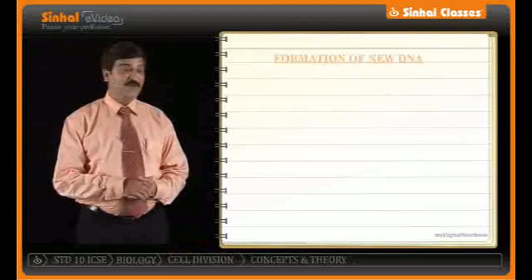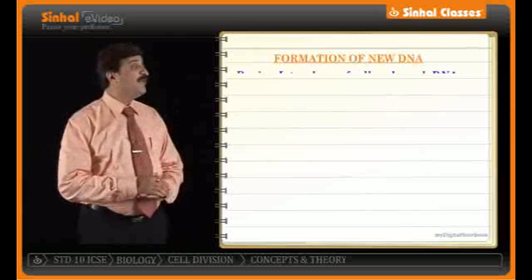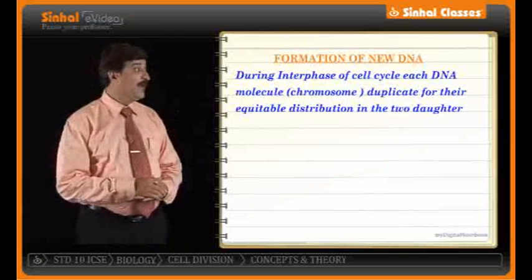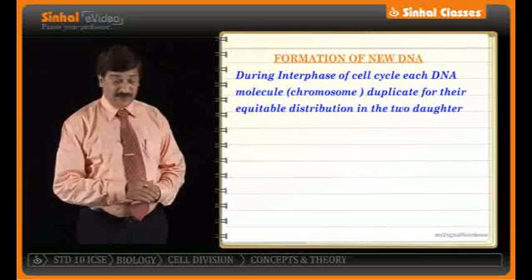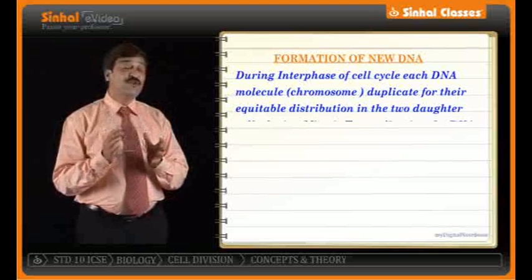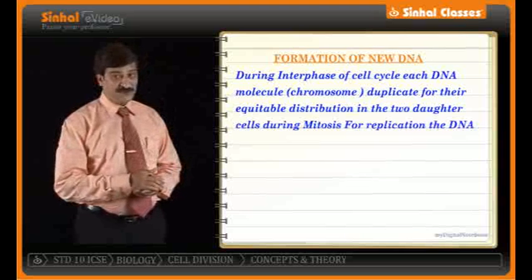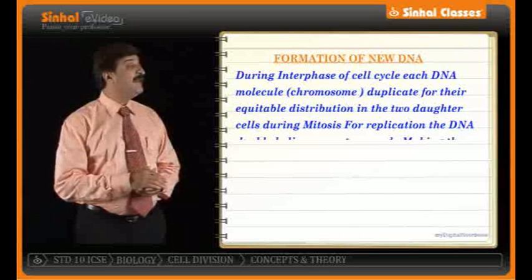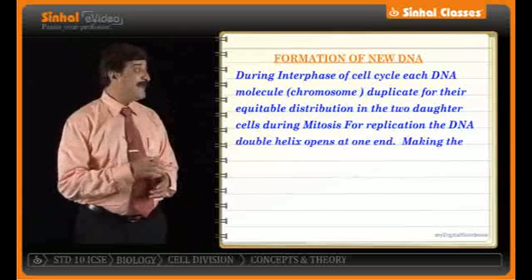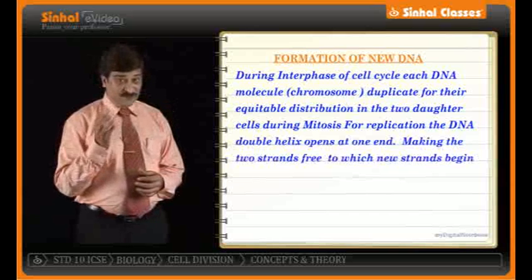We take into account the formation of new DNA. During interphase of the cell cycle, each DNA molecule, that is chromosomes, duplicates for equitable distribution in the two daughter cells. For replication, the DNA double helix, as you can see, opens at one end, making the two strands free.